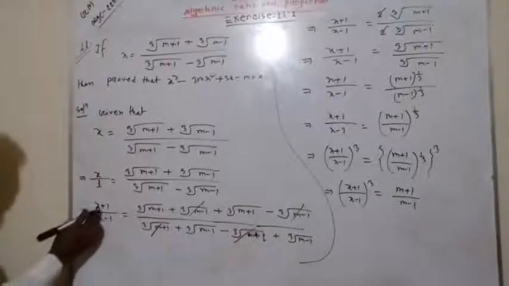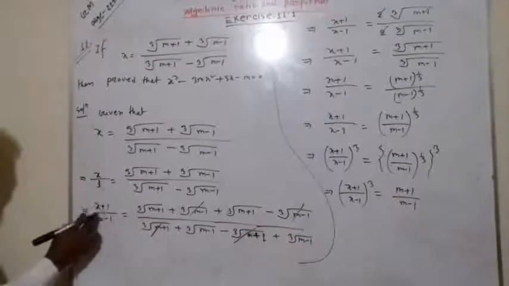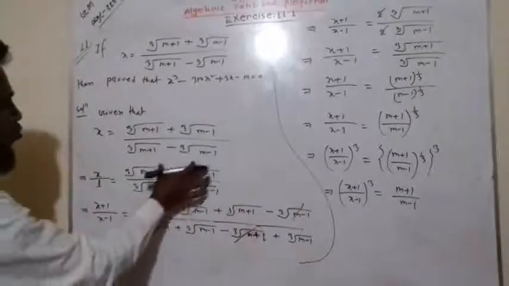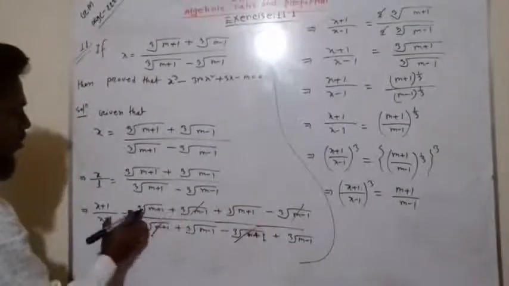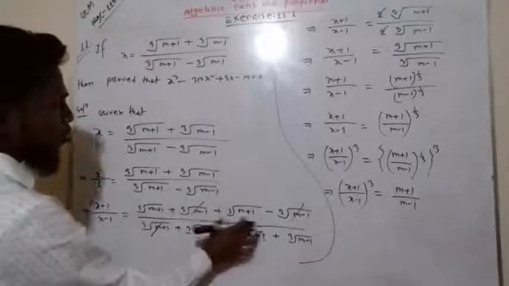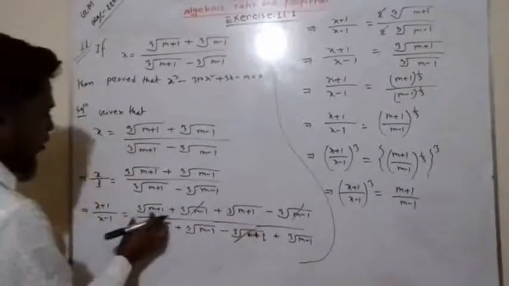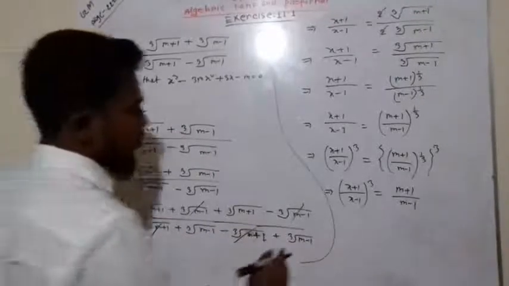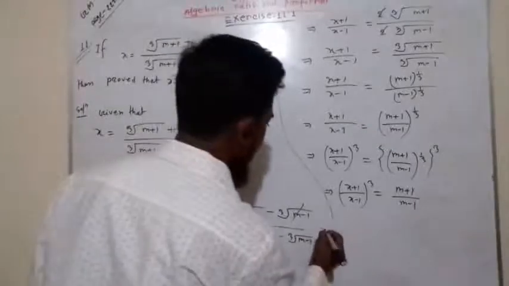Here, x plus 1 is numerator plus denominator divided by numerator minus denominator, this equal to numerator plus denominator divided by numerator minus denominator on the right side. So applying the condition of componendo and dividendo.